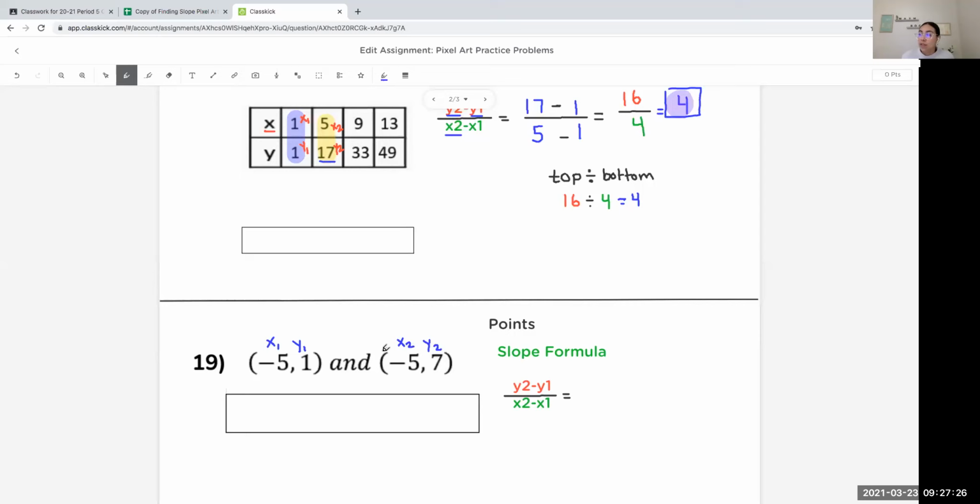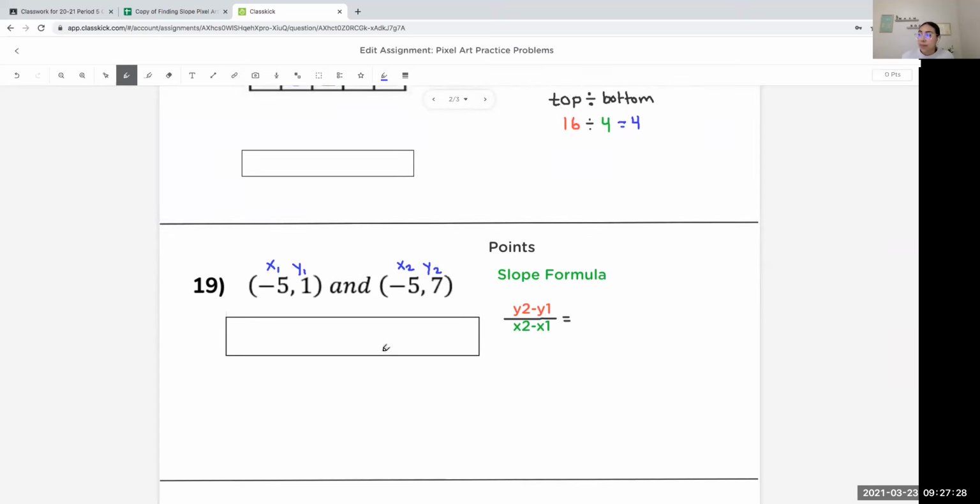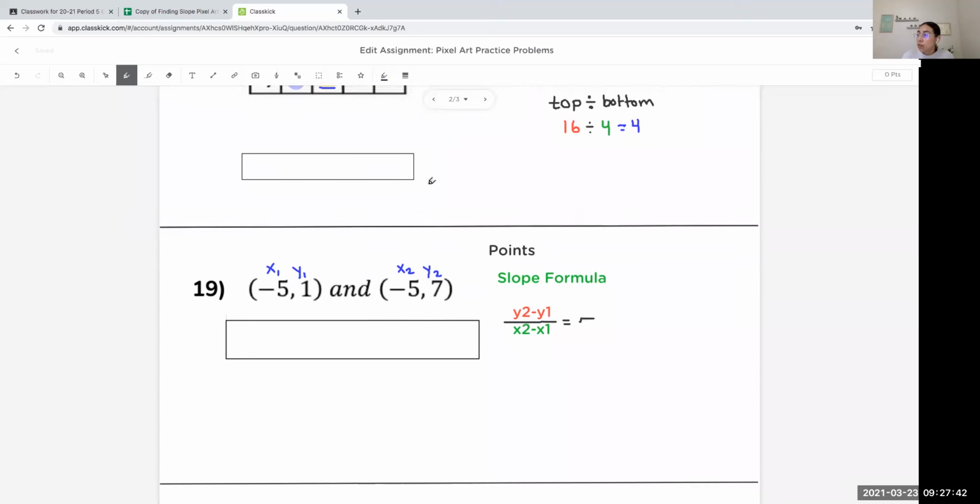Follow those. And now that you have your x1 and y1 labeled, your x2 and y2 labeled, all you have to do is use your formula. If you use your formula correctly, that means you write your fraction bar first and your subtraction in the center. This is going to be a perfect example of why we start with that subtraction in the center, and you'll see it in a bit.